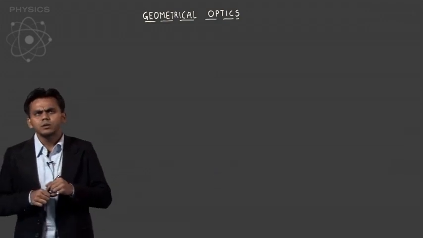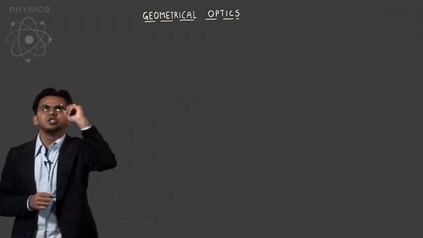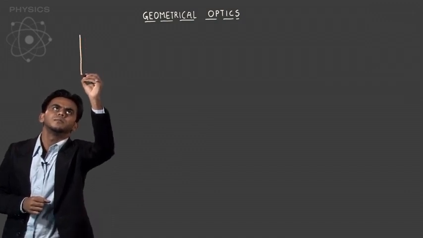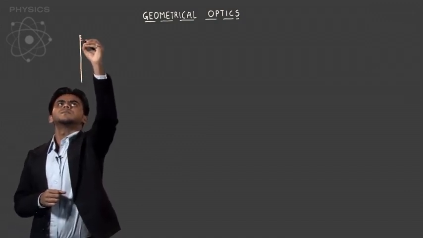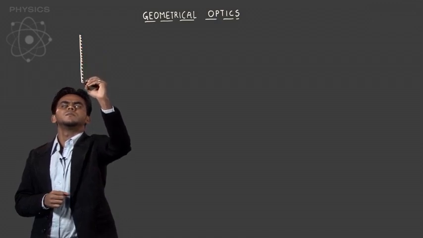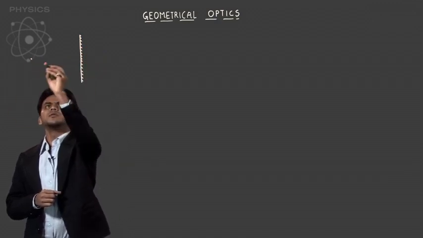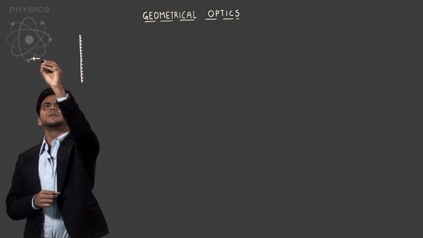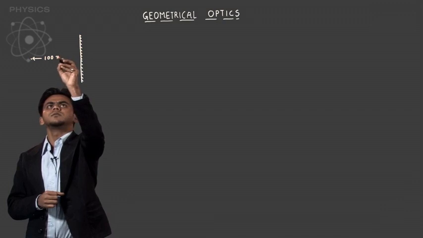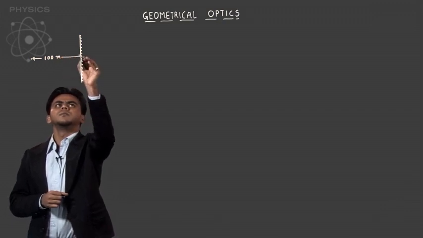Now, let's say you have a situation in which this is your plane mirror, and the object is lying over here, separated by 100 meters from the mirror.